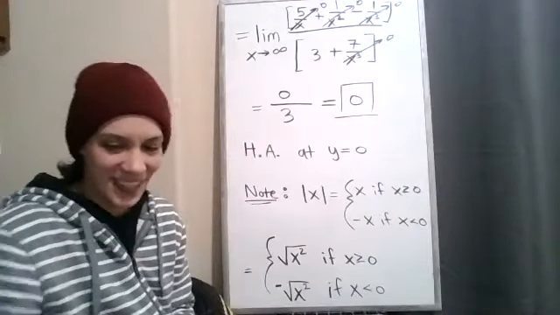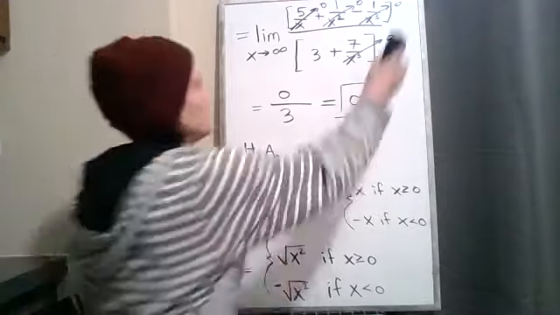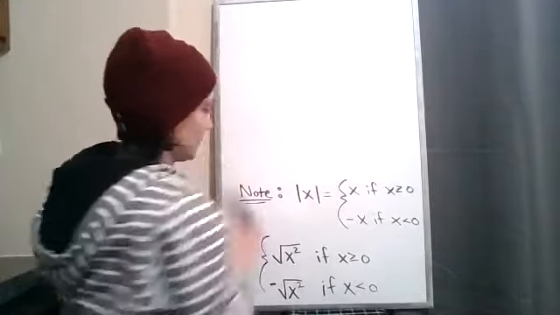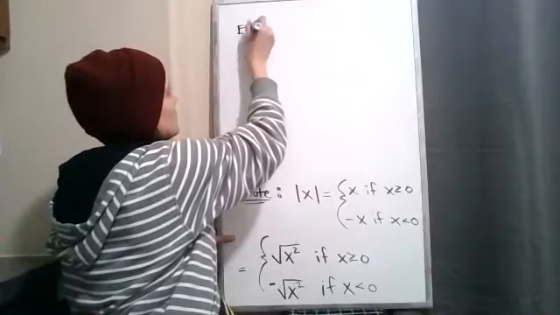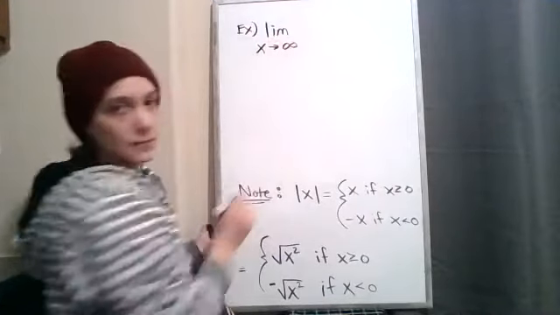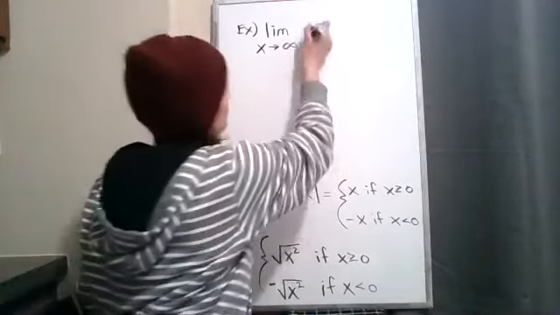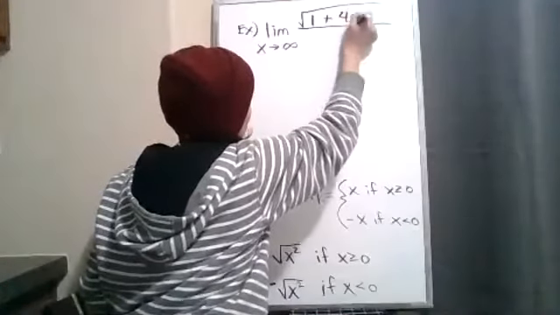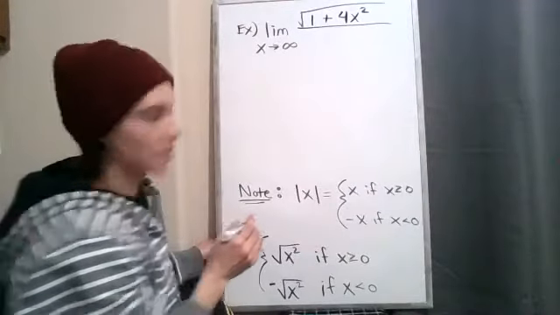I'll show you why. Next example, we do another limit as x goes to infinity. In the numerator, there's the root of 1 plus 4x squared, and it's over 4 plus x.